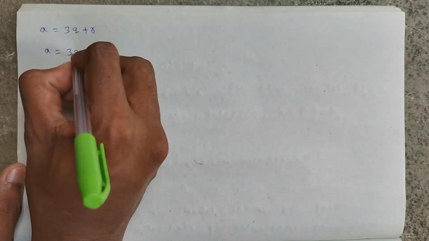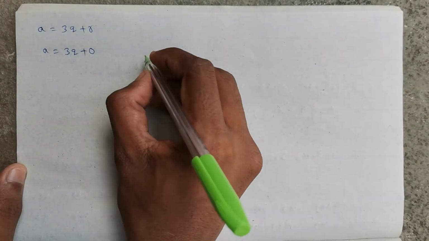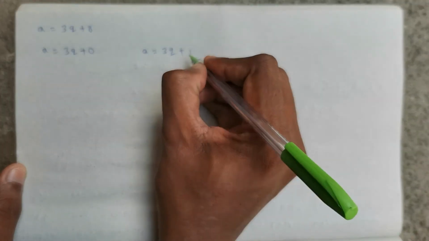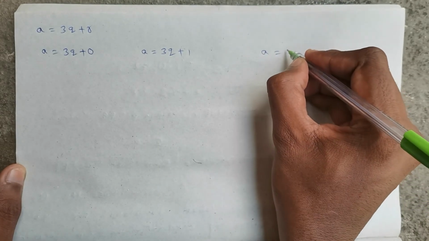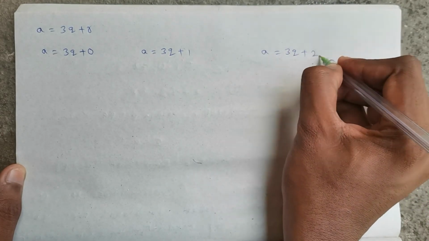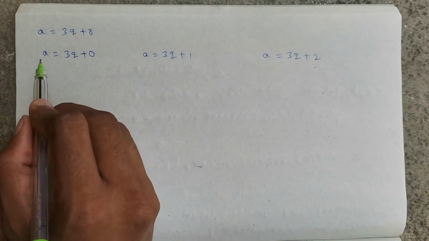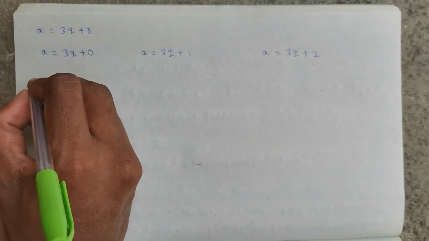So a equals 3q plus 0. Next, case 2: a equals 3q plus 1. Case 3: a equals 3q plus 2. And we need to show this for the cube of any positive integer. So now we need to do cubing on both sides.